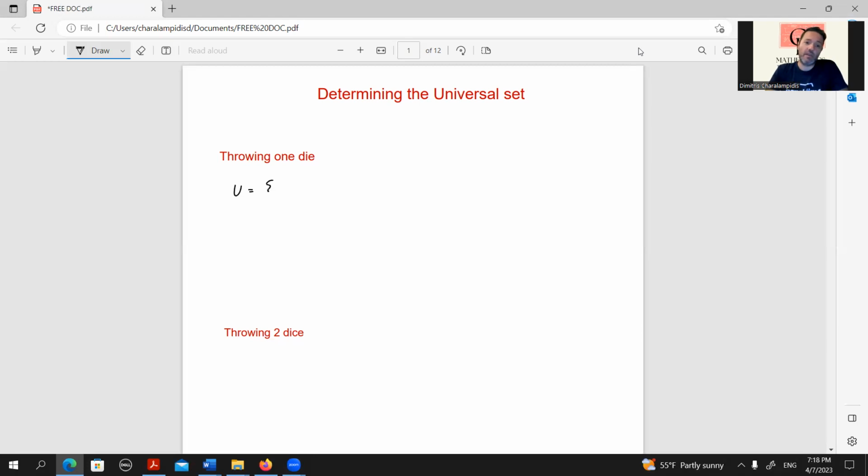These are the faces of 1, 2, 3, 4, 5, and 6. So the universal set in this case will be the set that contains numbers 1, 2, 3, 4, 5, 6, where each number is related to each one of the 6 different faces of the die.